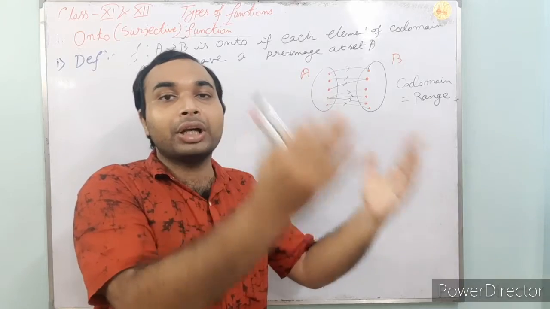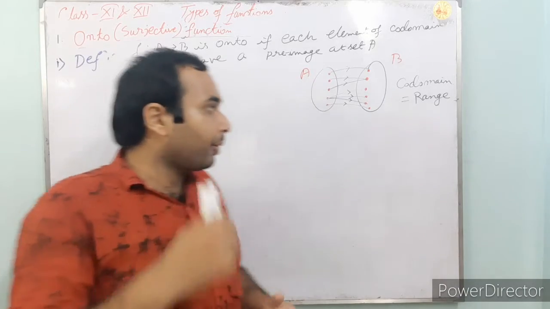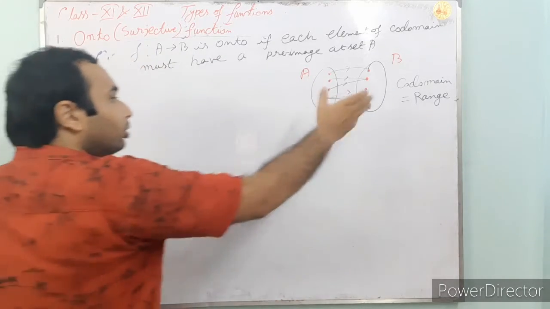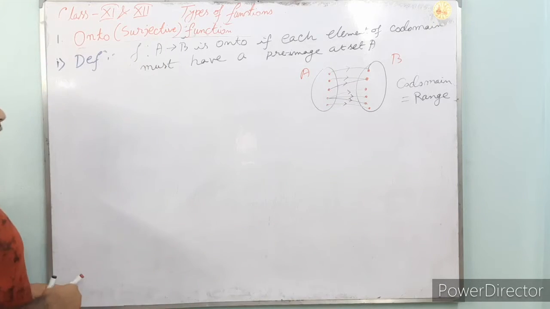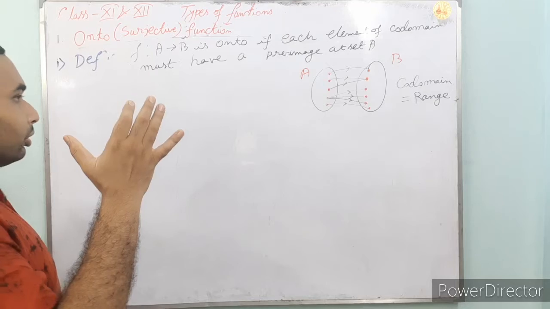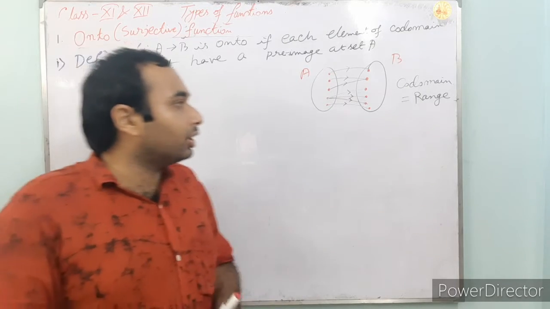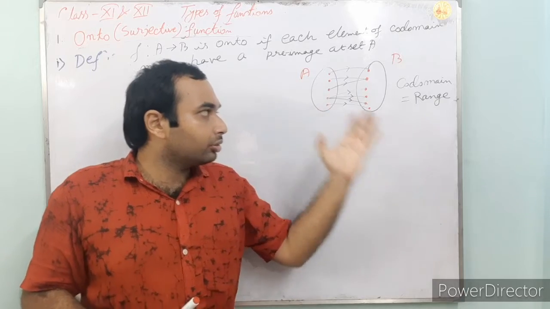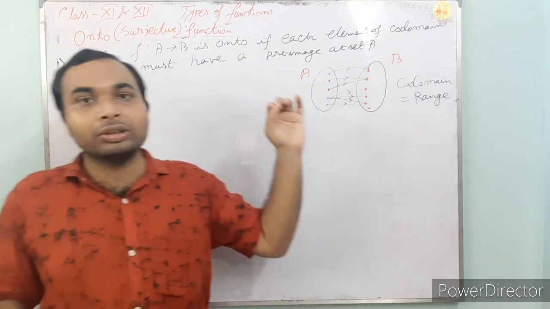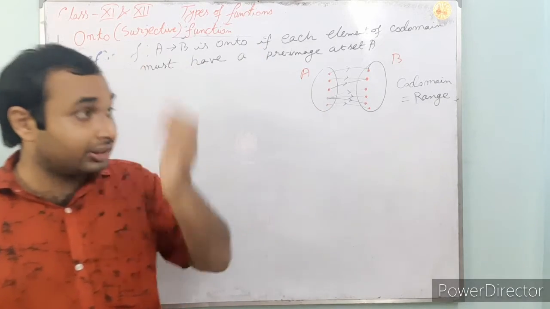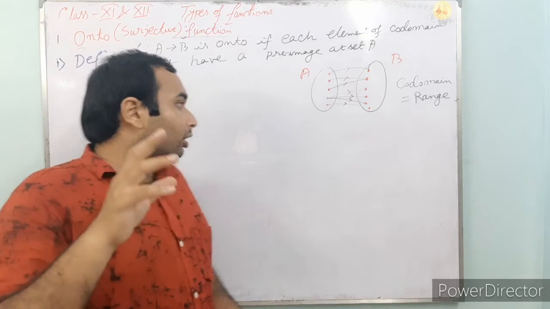You can say it is superimposing on the set B. So codomain equals range. Here there is no proper analytical definition like the previous two functions, and also no proper graphical representation.